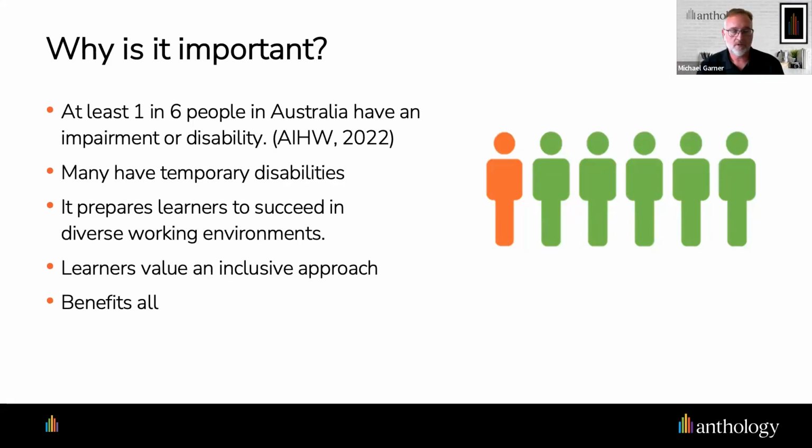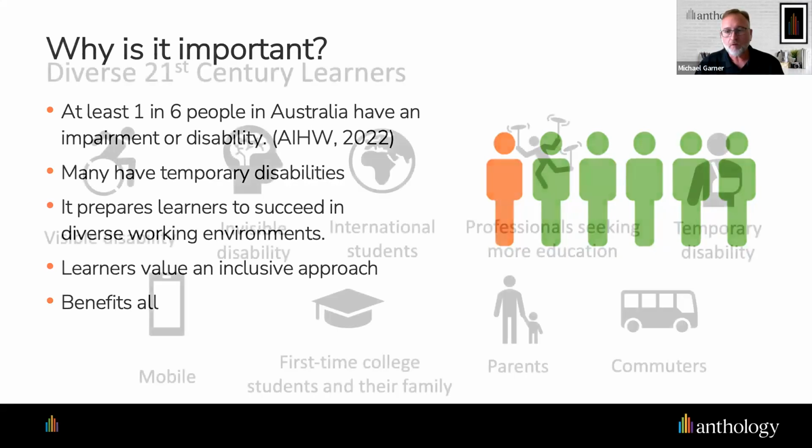Taking this into consideration, when I'm thinking in terms of the learning management system, it really does prepare learners to succeed in very diverse working environments, and it is that inclusive approach. It benefits all of your users, all of your consumers, all of your learners. And it's just the right thing to do, right?